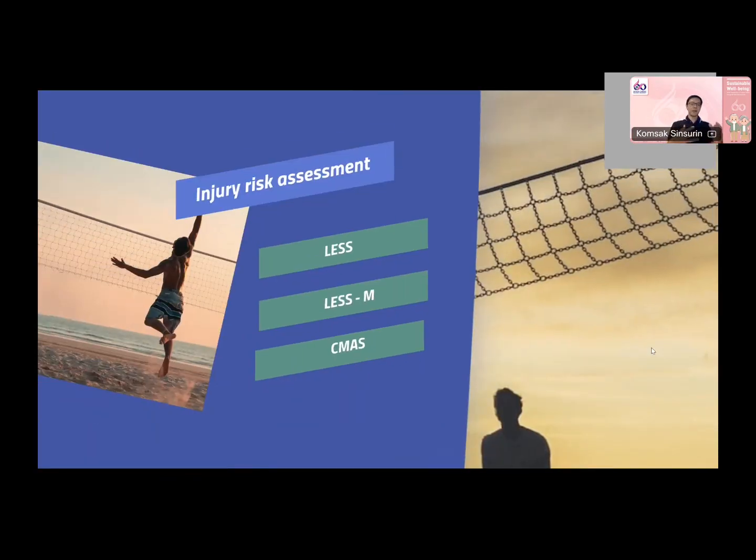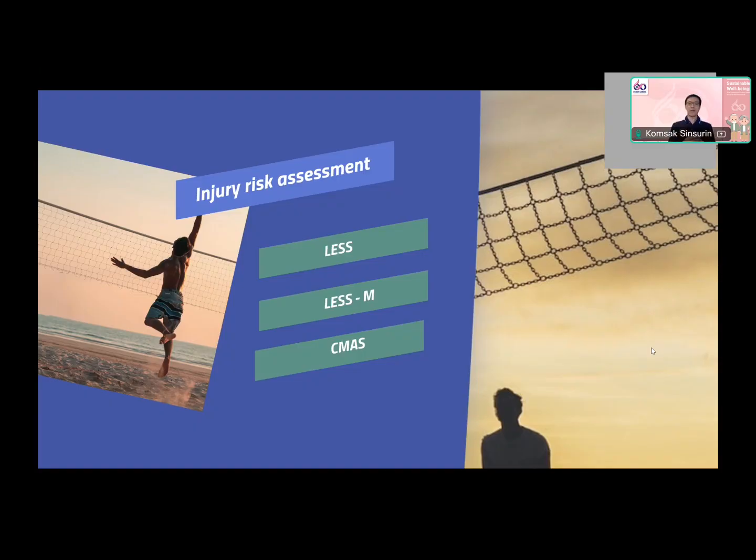So these are examples of the measurement tools, or clinical tools, that we can apply in the field to assess athletes in jump landing tasks and also in cutting tasks. You can pick LSM or CMAS to assess athlete performance. But you need to consider which to pick depending on the sport type.